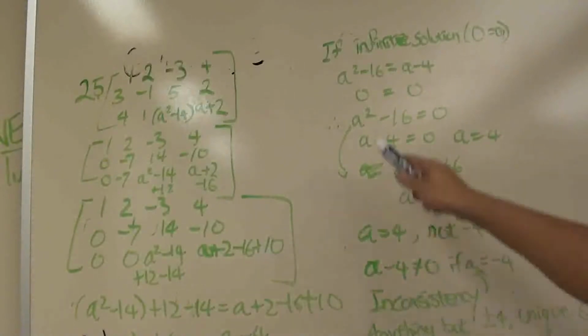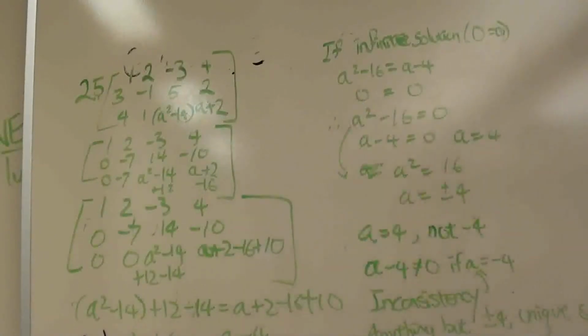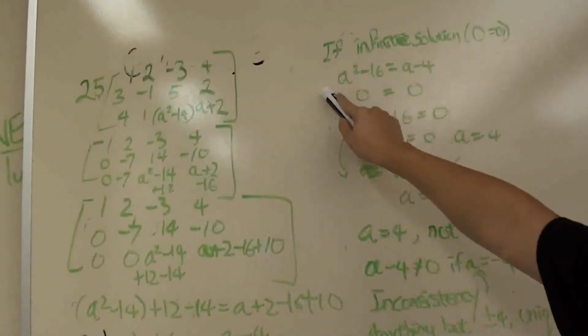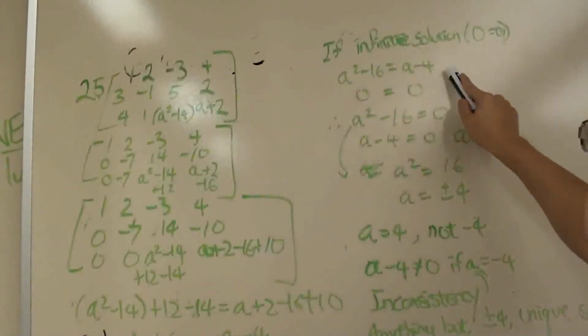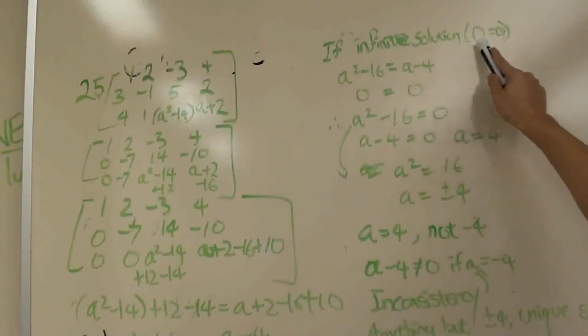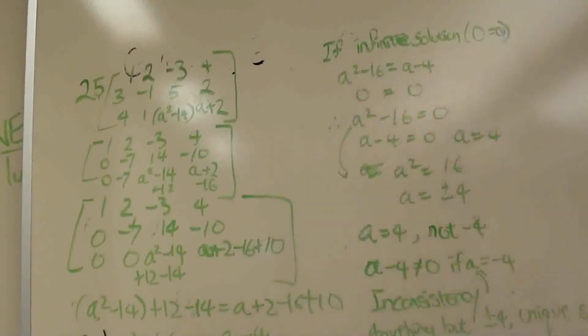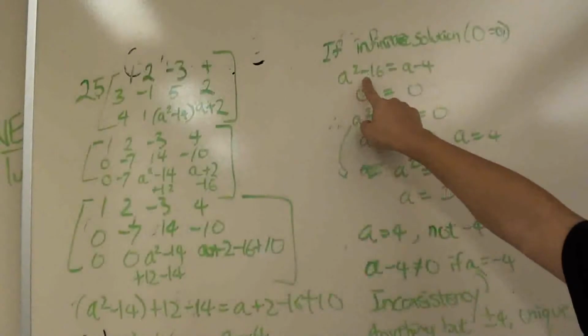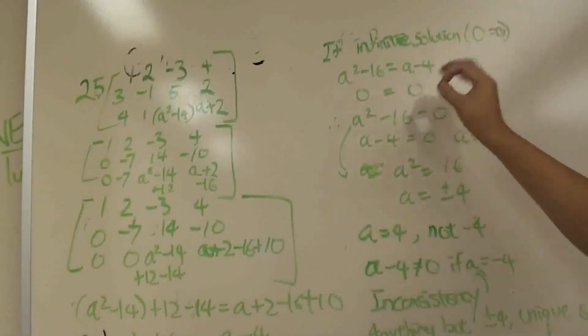On the left side, you can have plus 4 or negative 4 to get 0. On the right side, it has to be only 4. So in order for it to be 0 equals 0, a has to be 4, right? Which makes sense, because if you put 4 here, it will be 0. If you put 4 here, it will be 0, right?